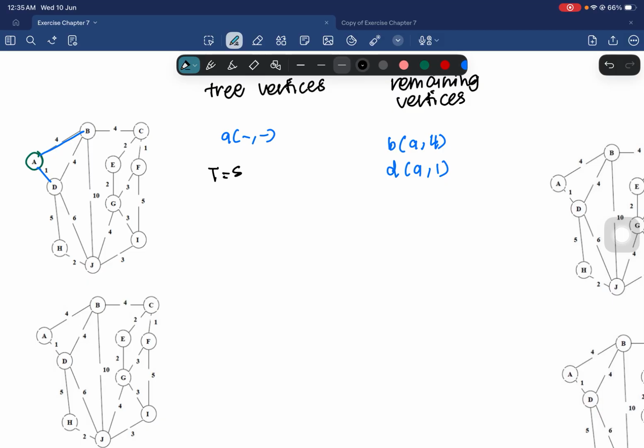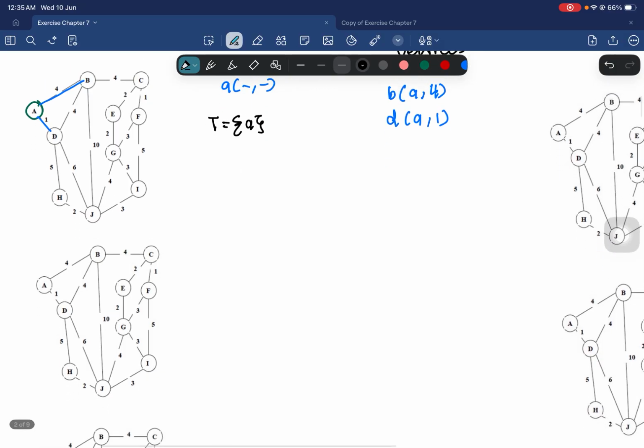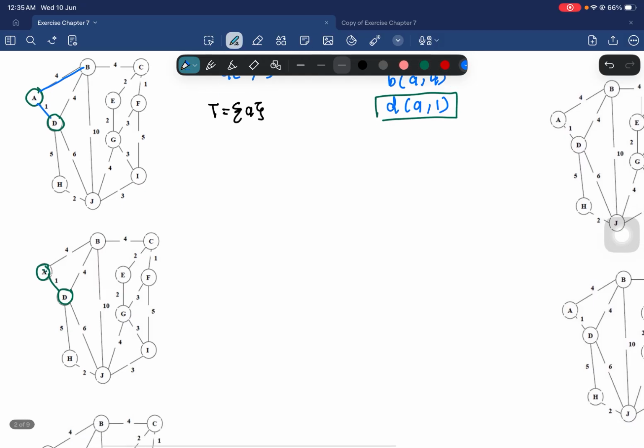We have A, and from here we choose the cheapest, the shortest. The shortest is D, so we take D. We have A and D connected. So what other nodes are connected?